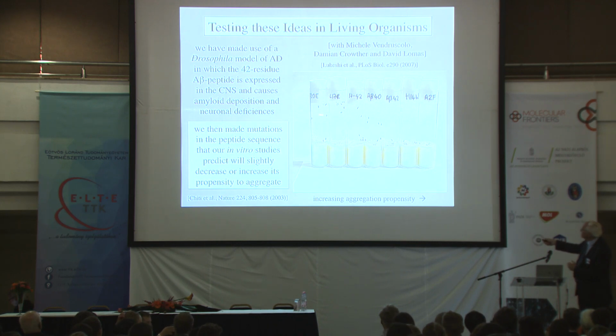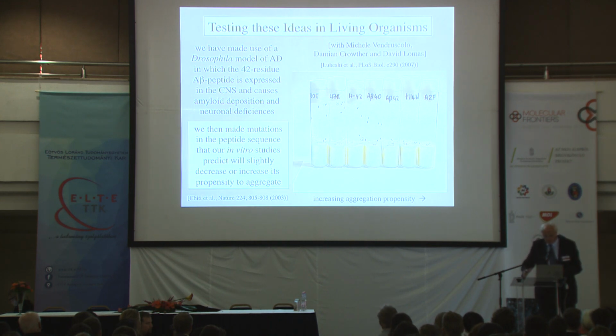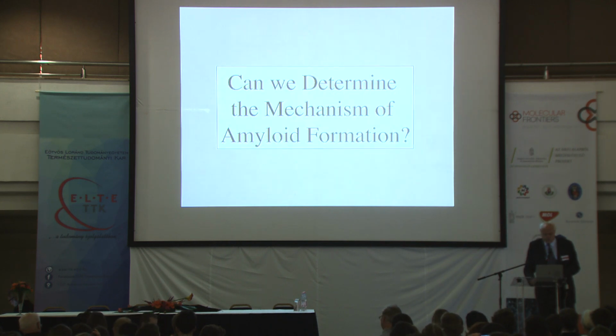But if you make the peptide a bit less aggregation-prone, it's indistinguishable from not having it there at all. And you see this amazing correlation. So this suggested we're onto the right lines. And so in the rest of the talk, I want to talk really about how these amyloid structures form and what we can do to understand how we can control that.